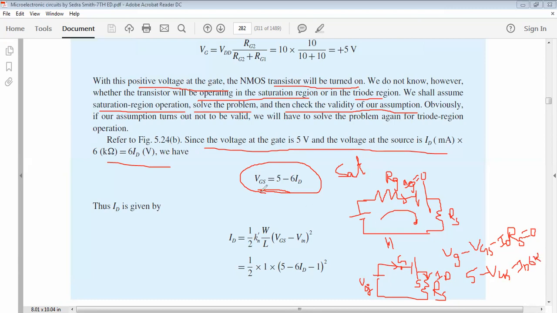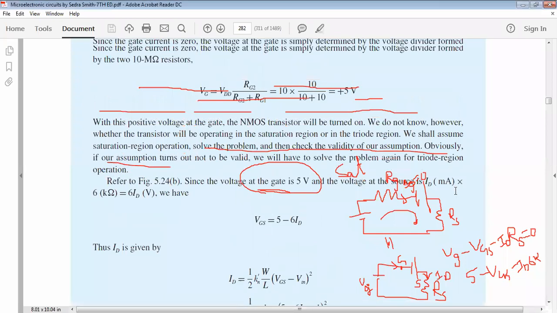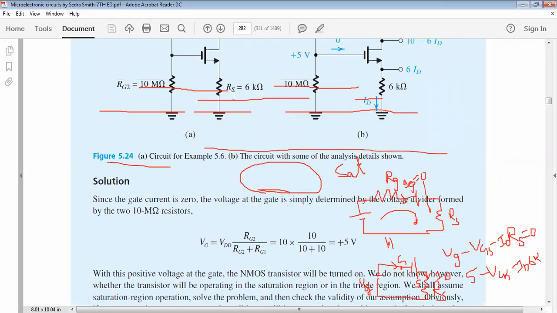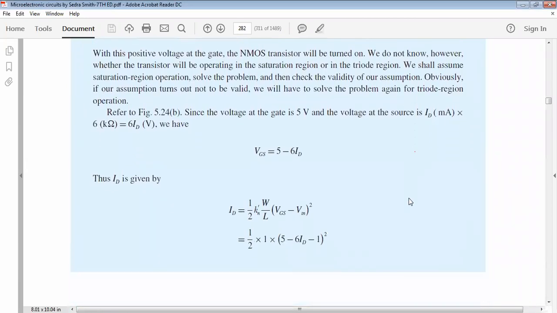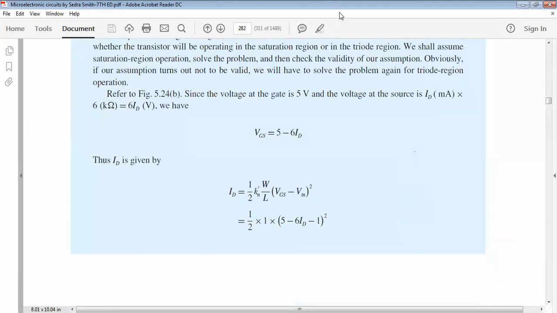So finally the input KVL equation is VGS is equal to 5 minus 6 ID.